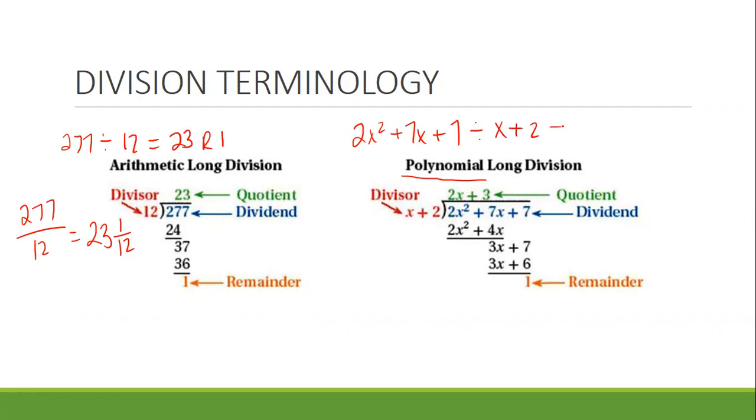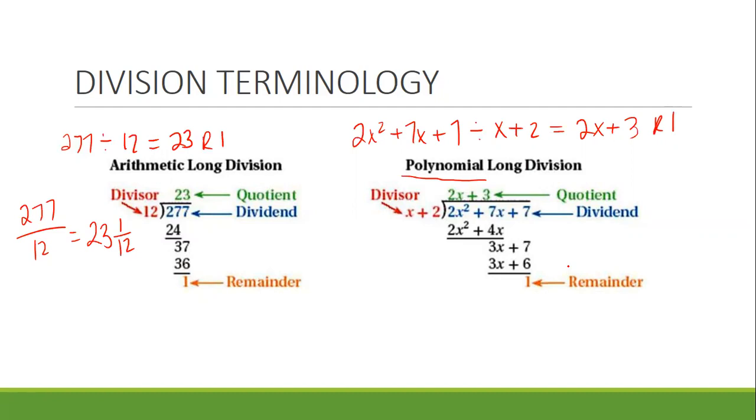And in this case, the quotient is 2x plus 3, remainder 1. The only difference between the arithmetic long division and the polynomial long division is variables, but the process is still the same. Can you see the similarity in the process?